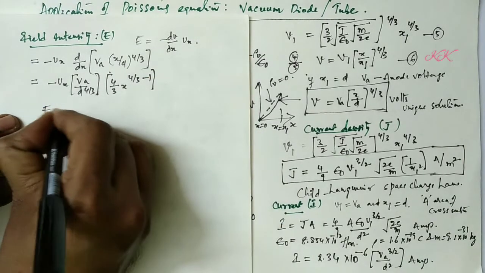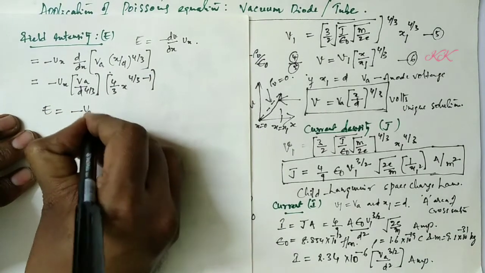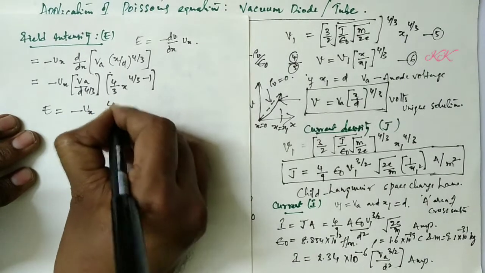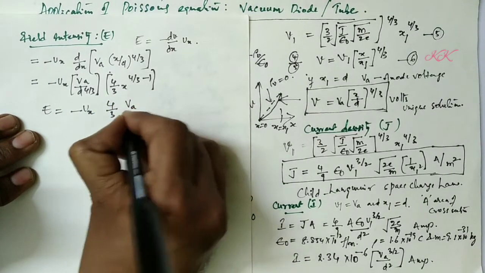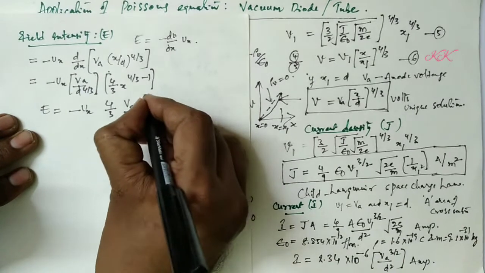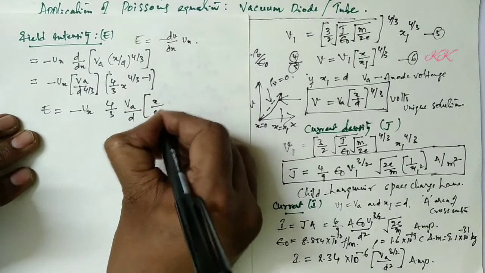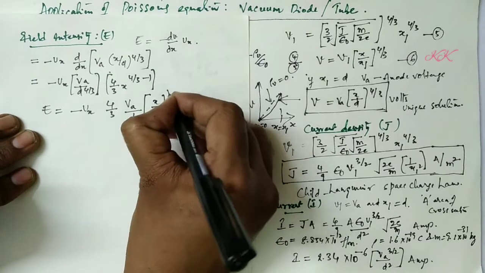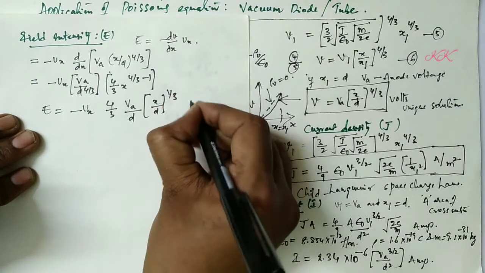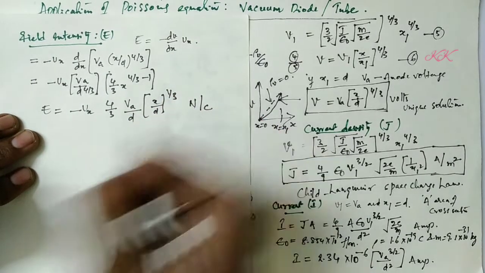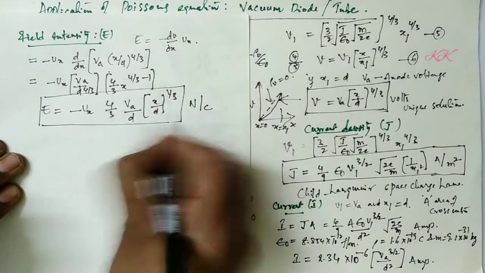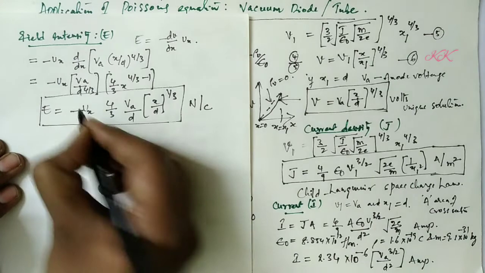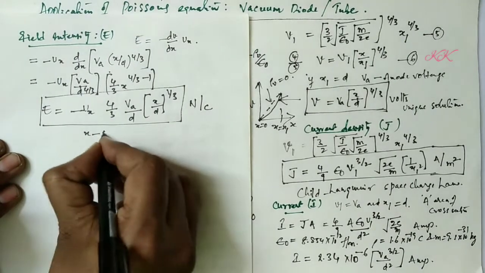E equals minus ux 4 by 3 Va by d, (x by d) to the power of 1 by 3 Newton per coulomb. This is in the negative direction of the x-axis.